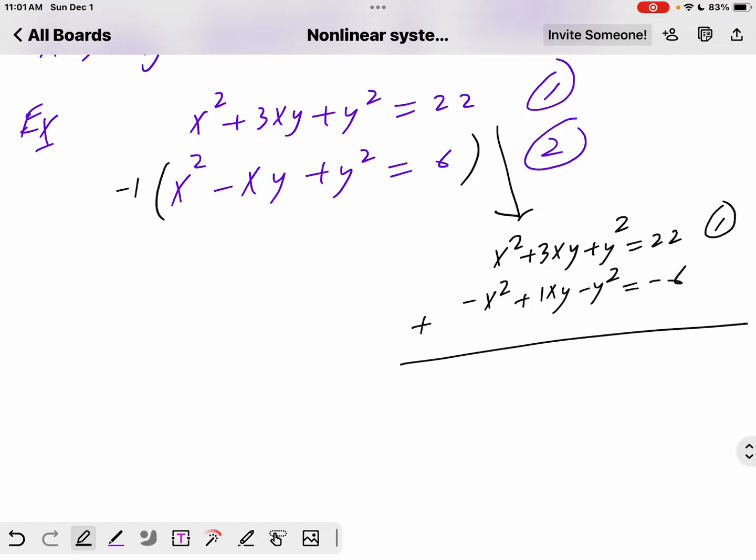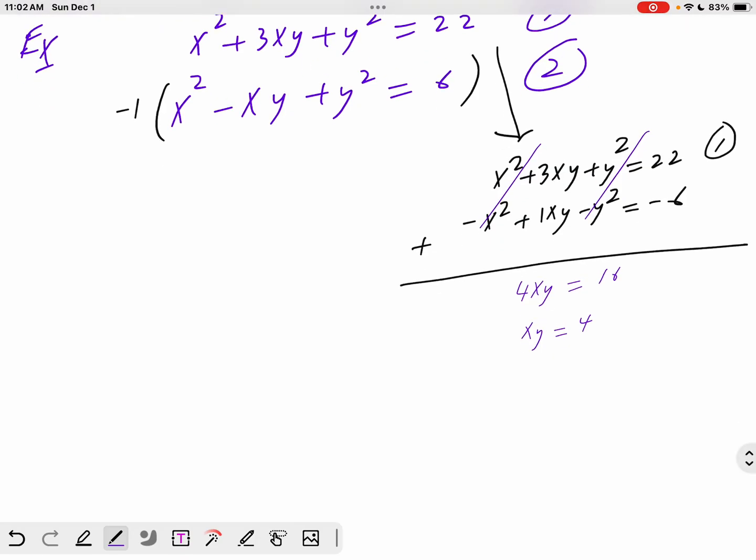Now you can just add both. If you look carefully, your x squared and y squared eliminated. What's left over here is positive 4xy equals 22 minus 6, which is 16. Then divide both sides by 4. Then xy equals 4.